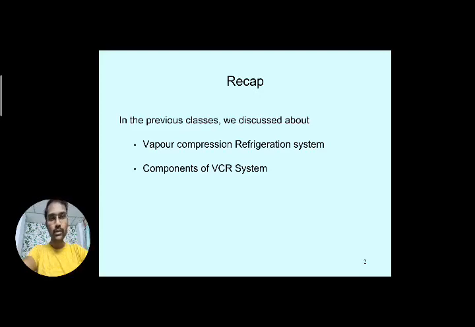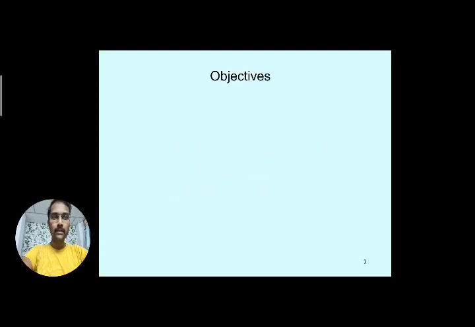You can also see the discussion of the components, the functioning of each and every component, the analysis we did on the different charts, and the COP formula for the VCR system based on enthalpy values, that is, refrigeration effect divided by work done.